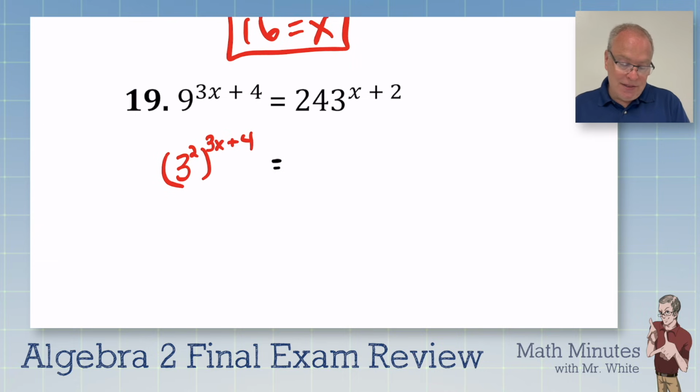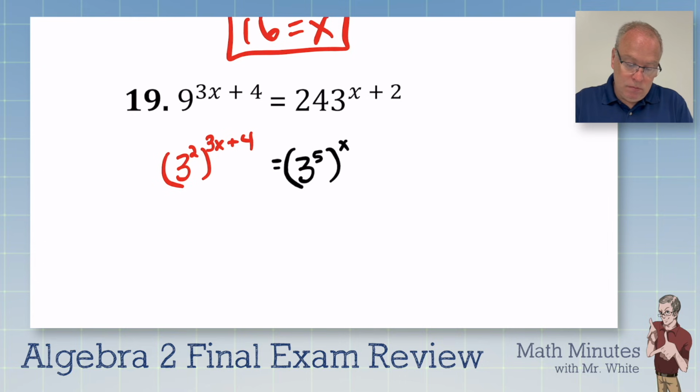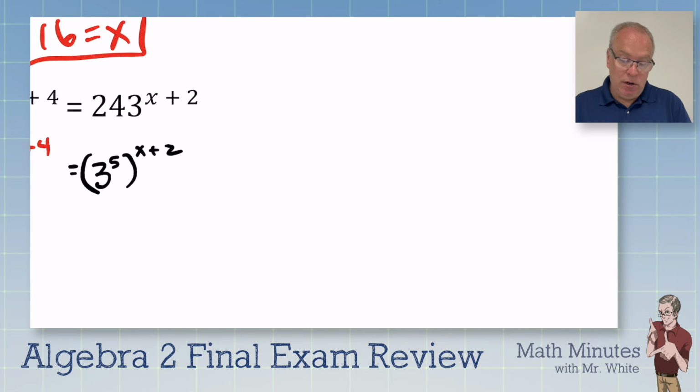And then the right side is 3 to the 5th power to the x plus 2. So 243 is the same as 3 to the 5th power. 9 is the same as 3 squared. Now that the bases are the same, you can just solve the exponent equation.